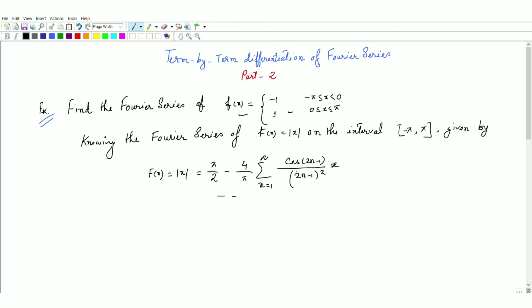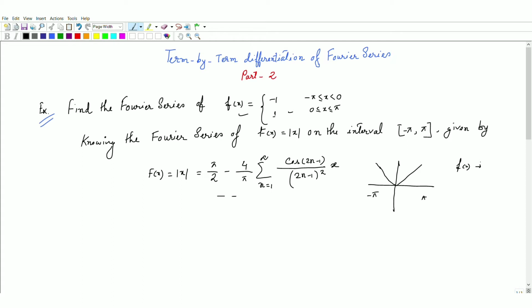Now you have to check these three conditions. Let me draw this function first, modulus of x. This is the modulus of x function that we know. In the interval -pi to pi, it is continuous. In the earlier class we discussed that the function should be continuous in the defining interval.